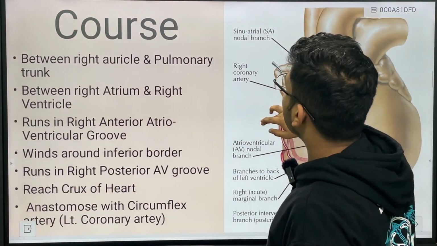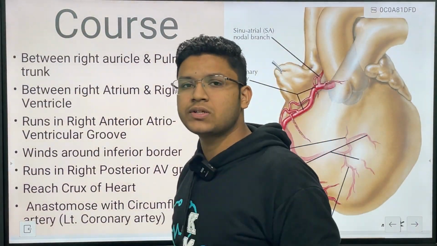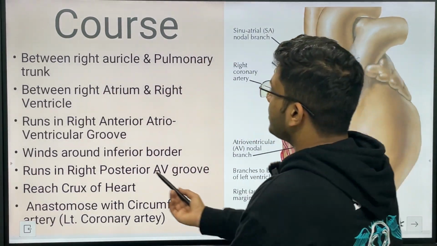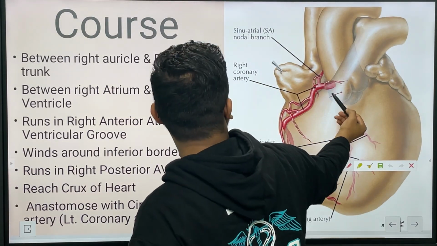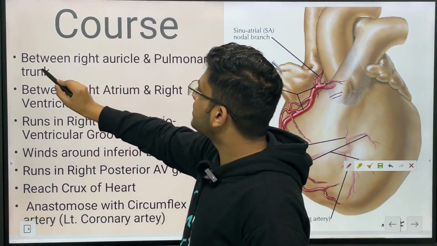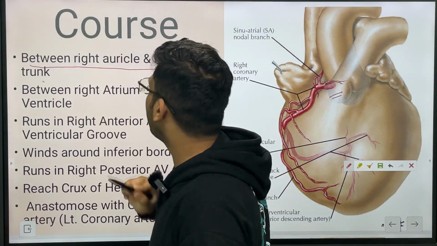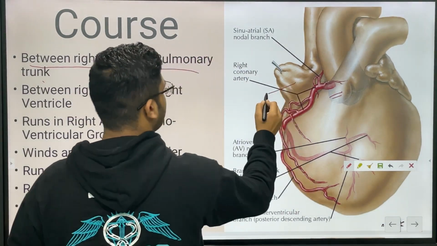First of all we have to study the course of the right coronary artery. We already discussed that it originates from the right coronary sinus, then it passes or descends between the right auricle and pulmonary trunk. Where is your right auricle?